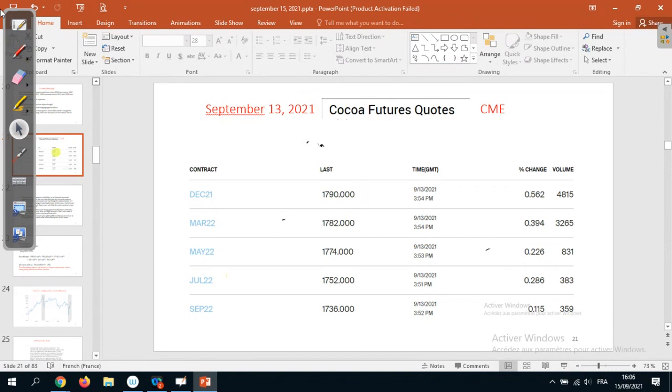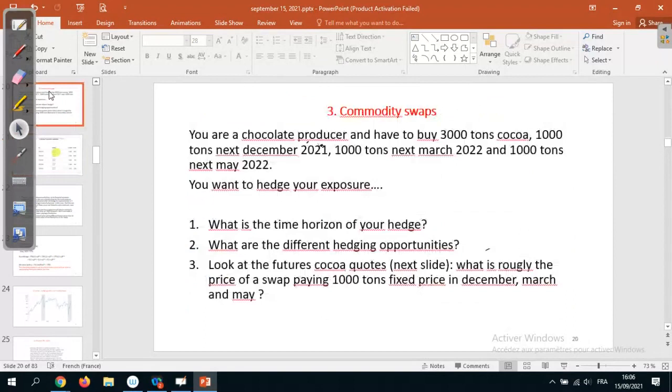Okay, so dear students, ladies and gentlemen, now you have a 3-step exercise. I give you 5 minutes and I will answer each of the 3 questions. What is the time horizon of the hedge? What are the different hedging opportunities? And you have the cocoa futures prices.